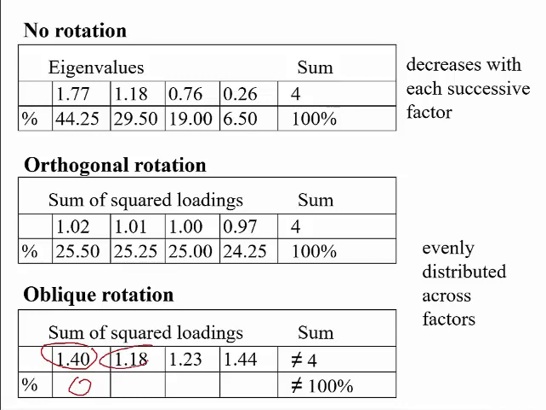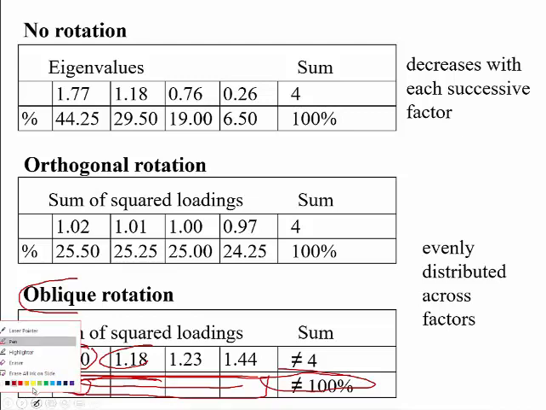I left this blank because it would not be meaningful to divide a sum of squared loadings by the number of items if I'm doing oblique rotation. Even if I did that, I would get meaningless values, and if I summed it all up, it would not equal 100% with oblique rotation.